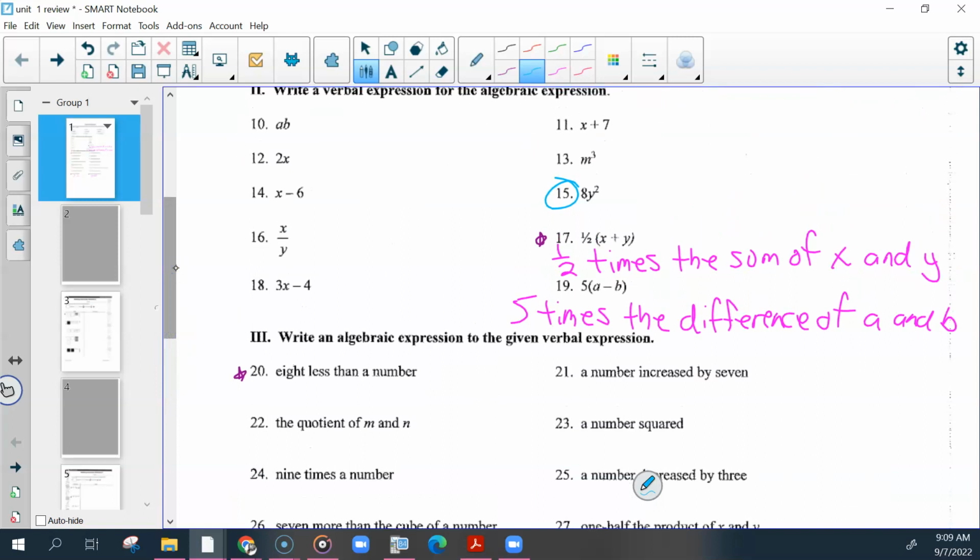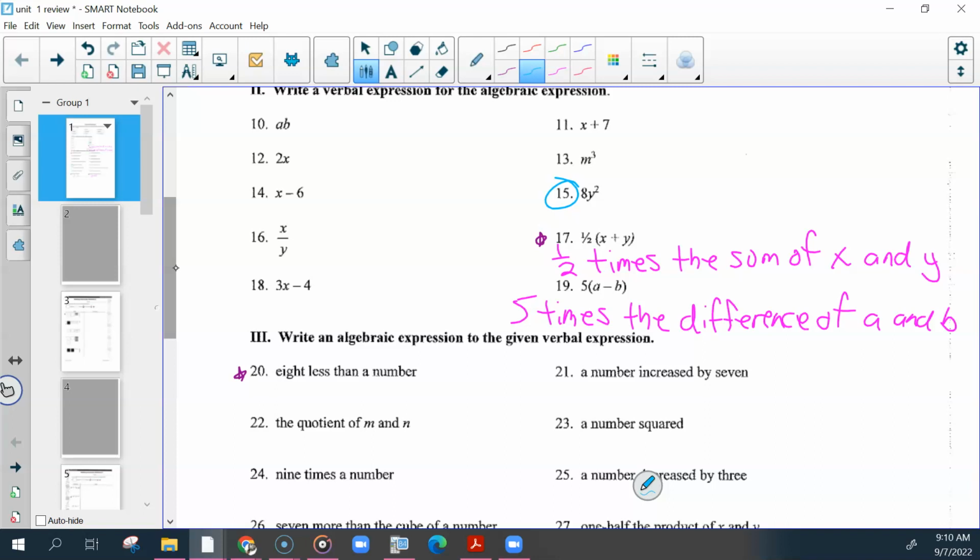Okay. For 15, we are multiplying. They're next to one another, so we're multiplying. And something is being raised to the second power, or squared. So you could say the product of 8 and y squared. You could say 8 times y squared. 8 times y raised to the second power.